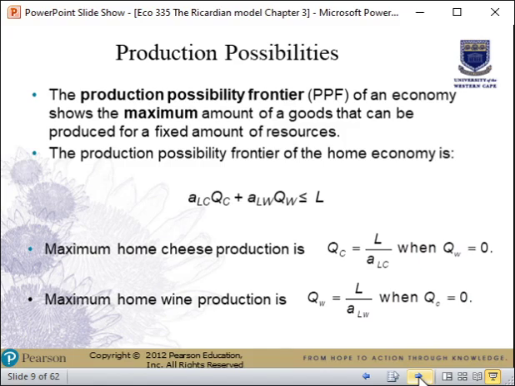These trade-offs are illustrated by the production possibility curve or frontier.